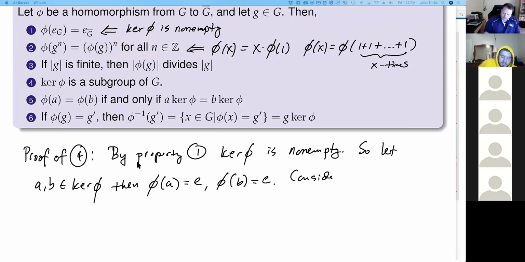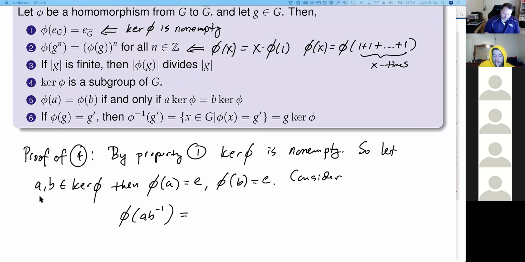Consider where phi of AB inverse goes. And at the moment I write that down, you should know what proof technique I'm using. I'm going to use the one-step subgroup test because I'm taking 2 elements from the kernel and I'm showing that AB inverse hopefully is back in the kernel.